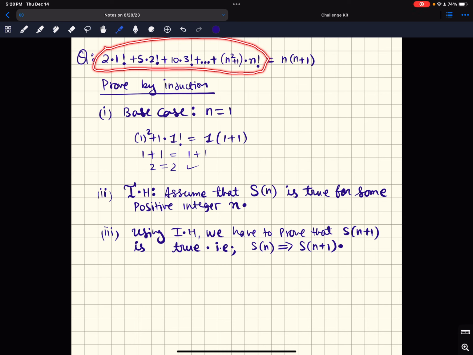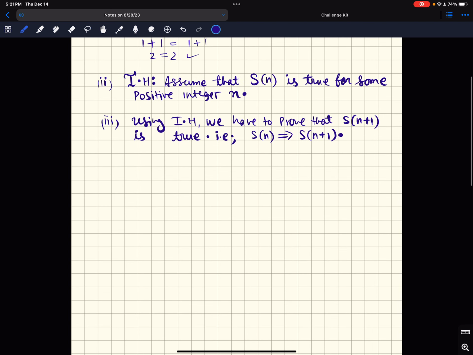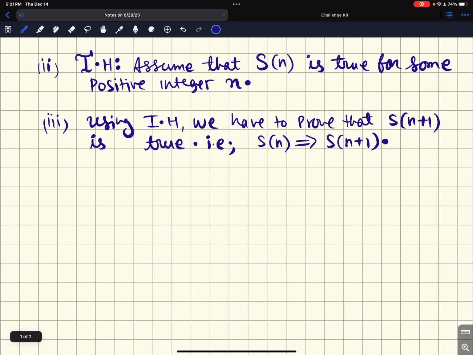This is already in expanded form, so we don't have to expand anymore. But if it's given to you in summation form, do write it in this expanded form. Once you put it into expanded form, then you can move on with step 3.